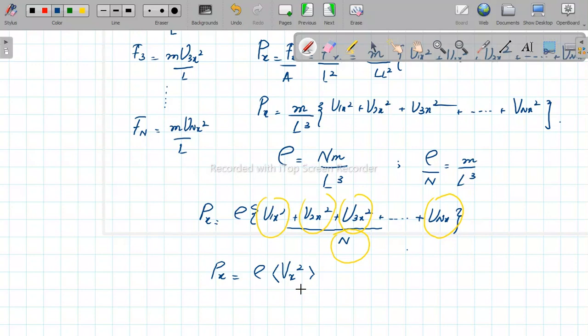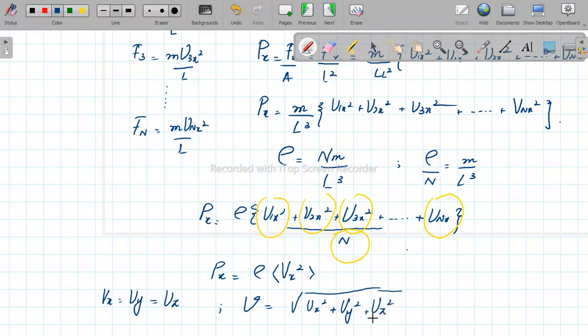So here we are going to consider the assumption that this Vx equals Vy equals Vz. So we can simply write resultant velocity equals under root square of x component of velocity plus the square of y component of velocity plus the square of z component of velocity.